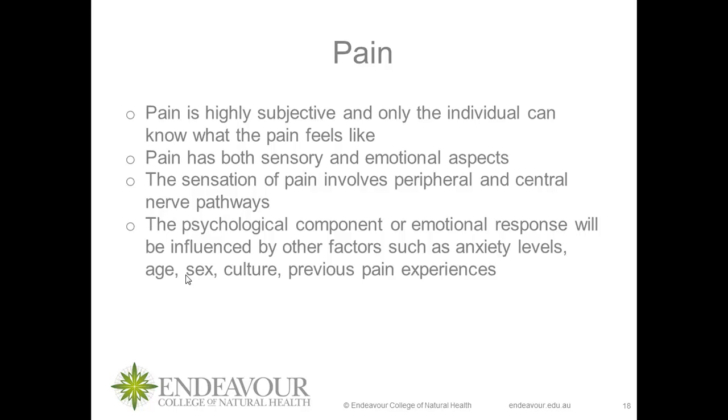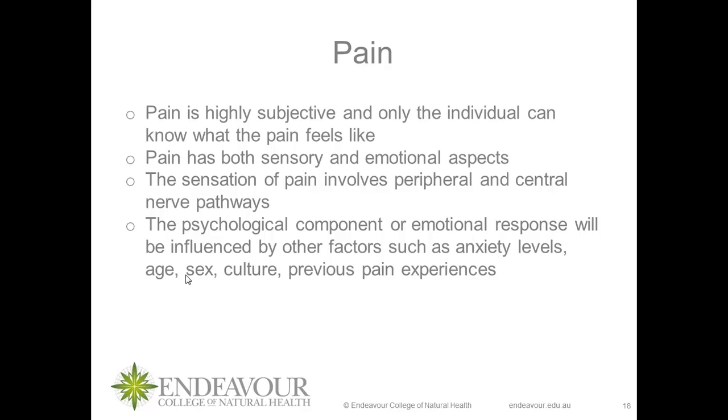The psychological component that we talked about, the emotional aspects, will also influence pain perception, such as is the person anxious, what is their age, are they male or female, what's their cultural background, and normal cultural aspects to tolerance of pain.